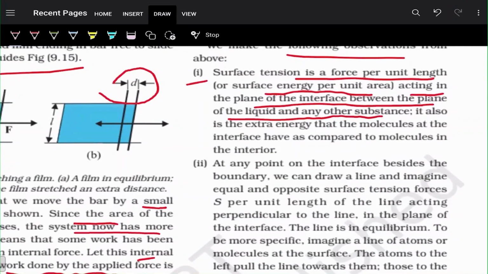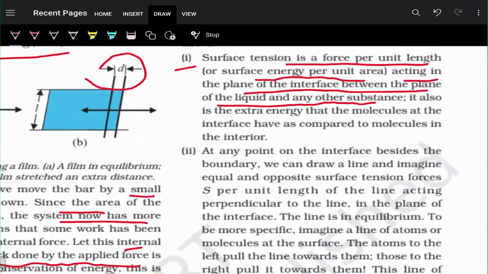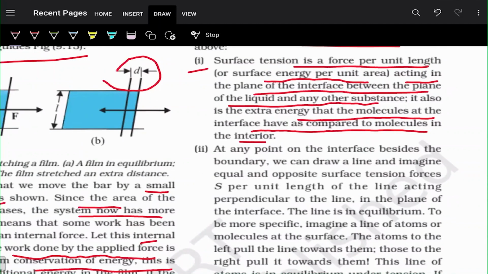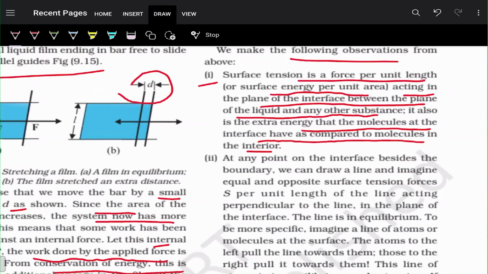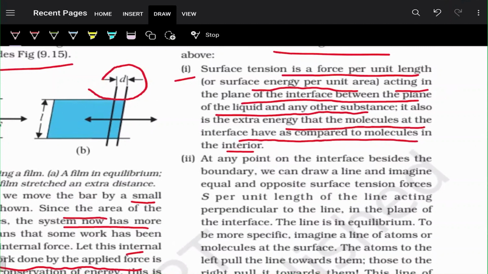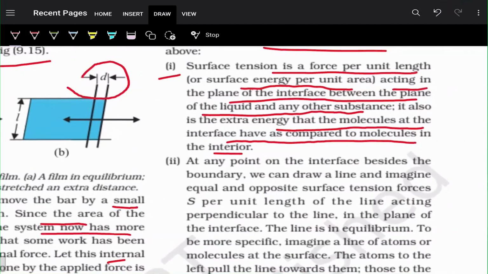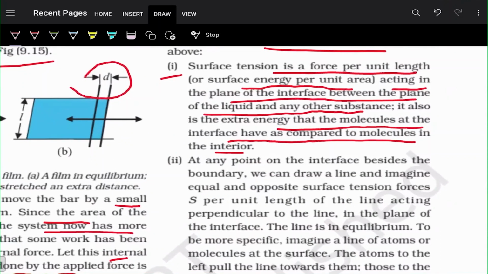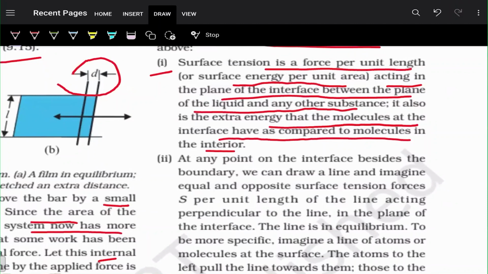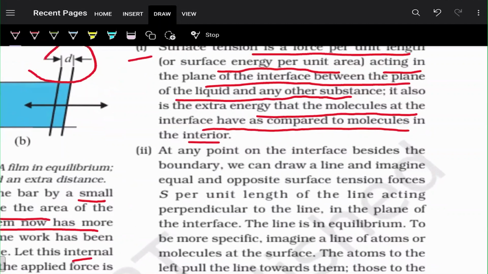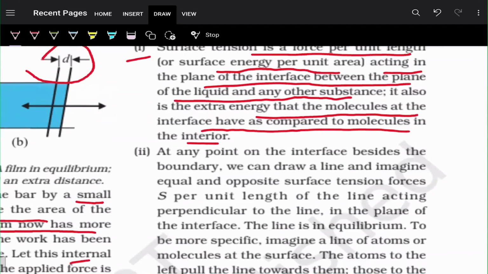It is also the extra energy that the molecules at the interface have as compared to molecules in the interior.